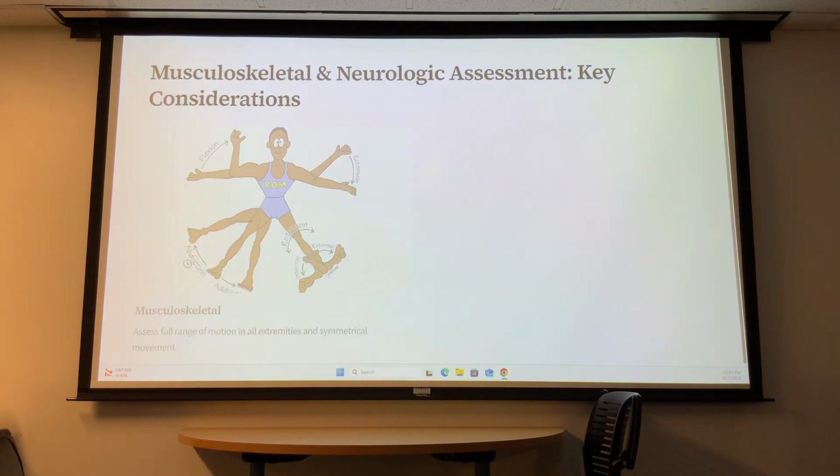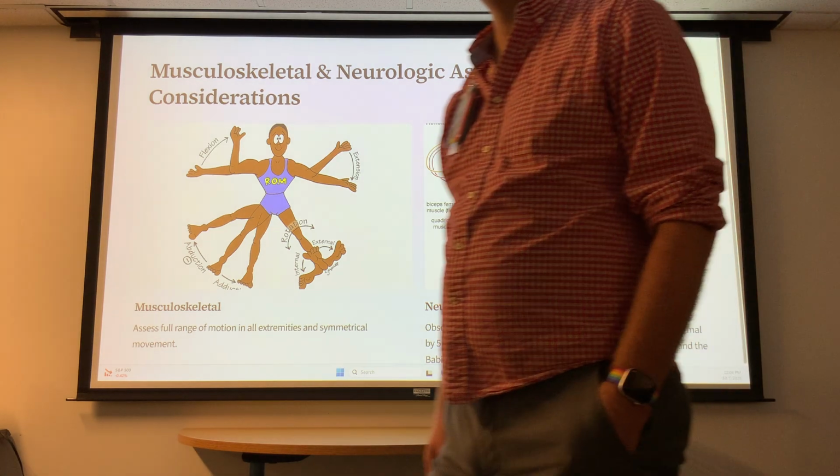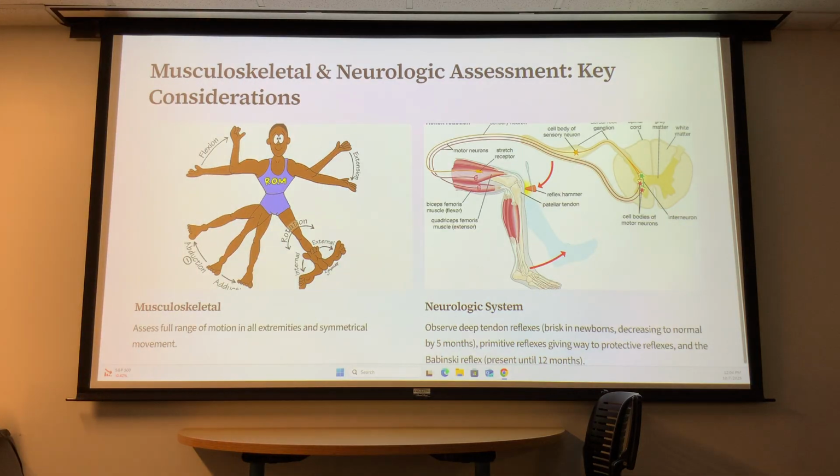Cool. All right, so their musculoskeletal and neurologic system, what are you looking for in their musculoskeletal system? Okay, range of motion. So the reflexes are going to be in their neurologic system, right? That's what you're testing with the reflexes. But with your musculoskeletal system, are they moving everything the way that it should, right?